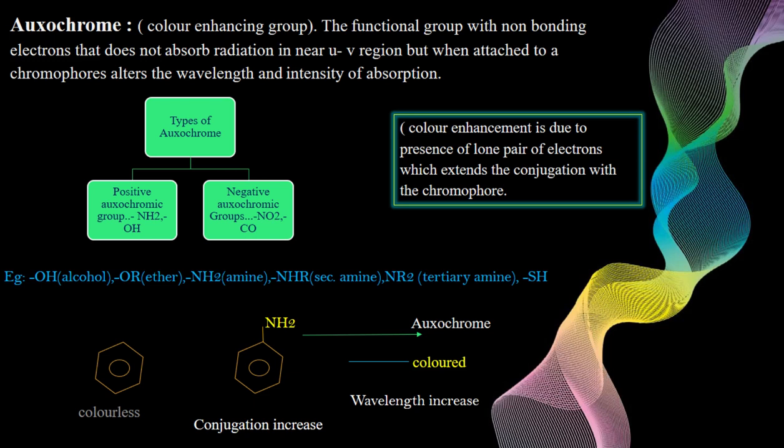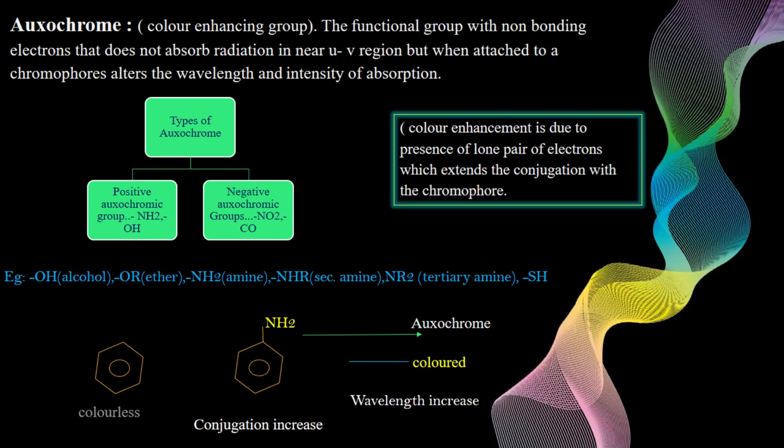These all have lone pairs of electrons, and they are color enhancing groups. In the below figure, we can explain that benzene is colorless, but when a group, that is NH2, is attached to the benzene ring, then the whole aniline is colored.